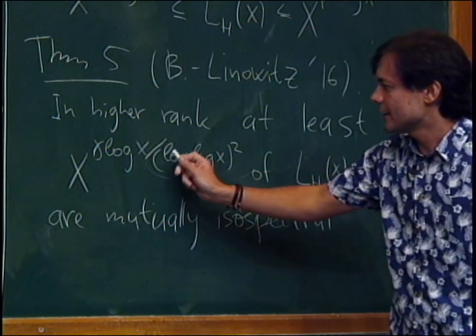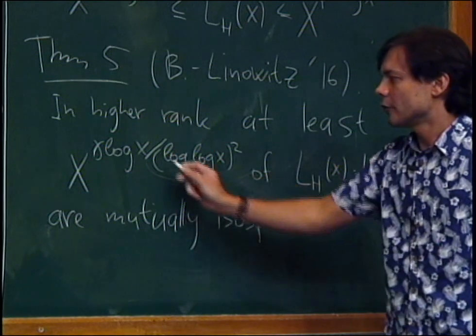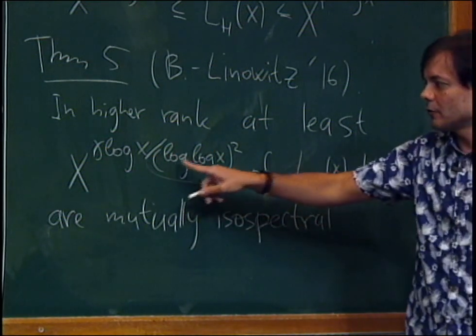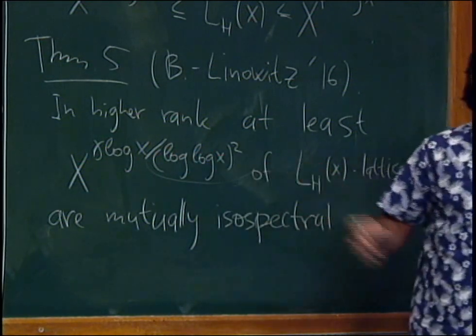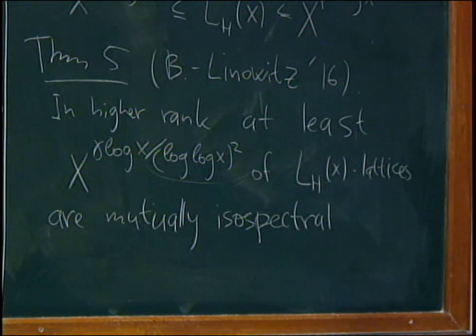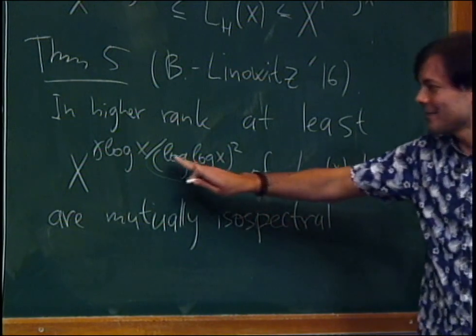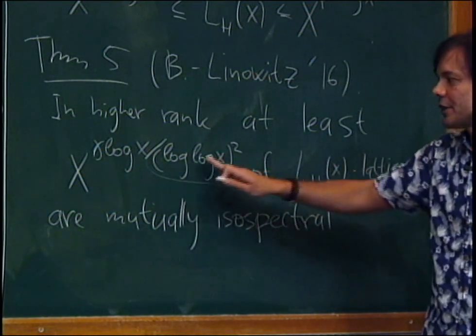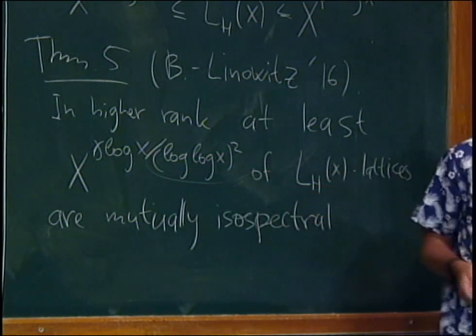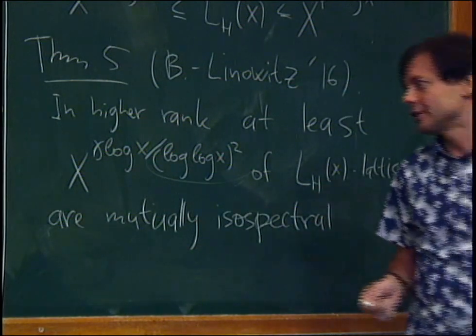Well, there is a little bit annoying factor here, log x squared. First of all, well, you know what log x is. Okay, it's practically a constant. But okay, not everybody believes that it's a constant. It's a very slow growing function, and we have a conjecture that it's not necessary, just we could not prove it.